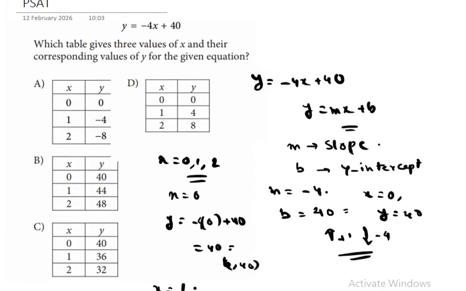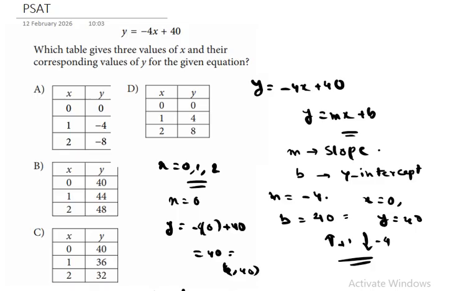So check option A. Option A says 0, 0, 1, minus 4, 2, minus 8. Is that correct? No. When x is equal to 0, y should be 40, not 0. So option A is the wrong answer. Okay.